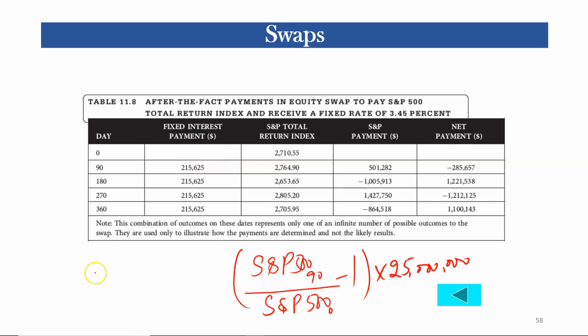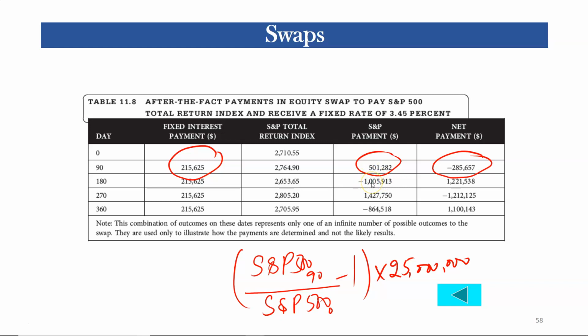So IVM has to make a net payment of this amount minus this amount, that is equal to 285,657.